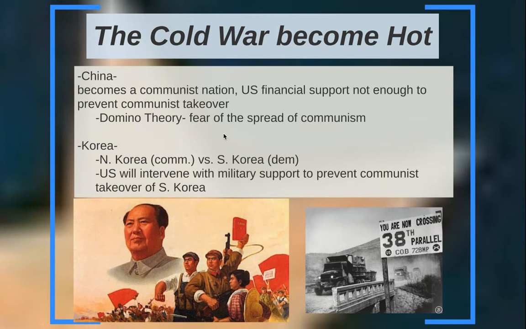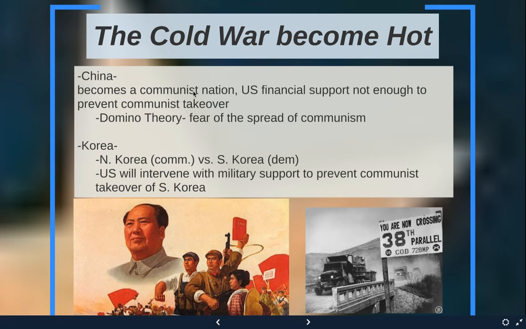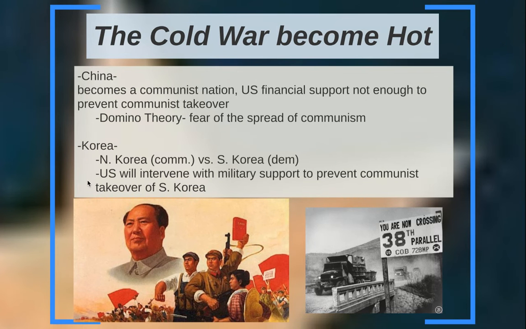Okay? And part of the reason that fear was happening was because after China, bam, the same thing is going to happen in Korea, which is right beside China. Okay, so North Korea is going to become communist. South Korea becomes democratic. The U.S. is going to intervene to try to push the communists out, and also to keep the communists from taking over South Korea.